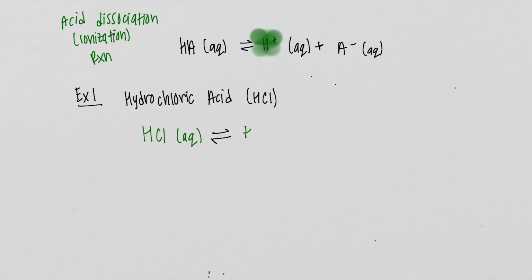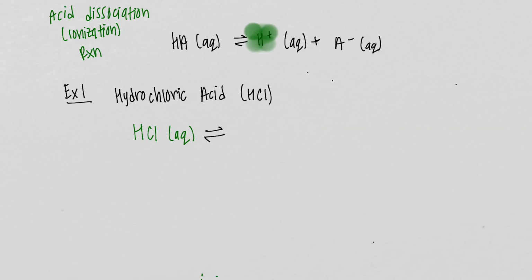We're going to have our hydrogen by itself, aqueous. And this one stays the same as well, plus A minus. So whatever element was with our acid, which in this case is chlorine, it's going to be negative and it's aqueous.